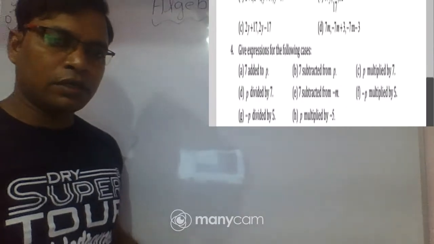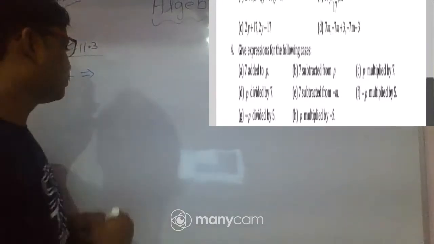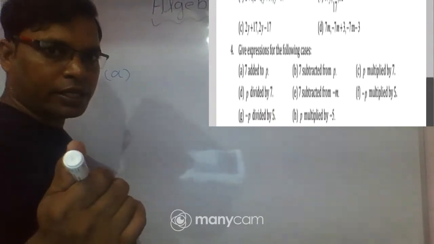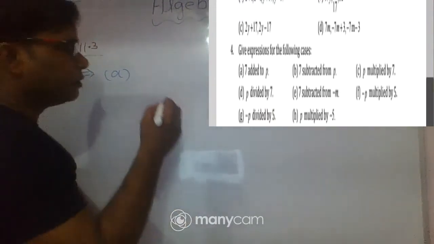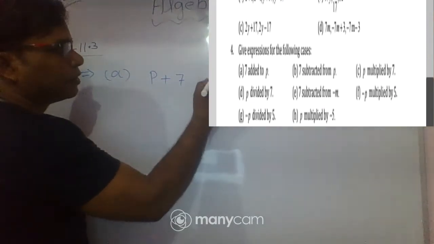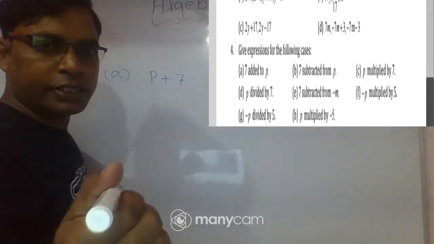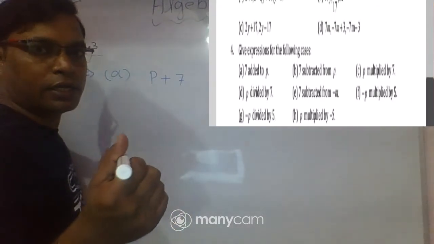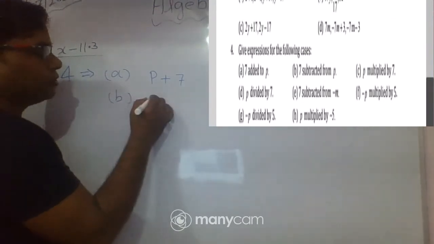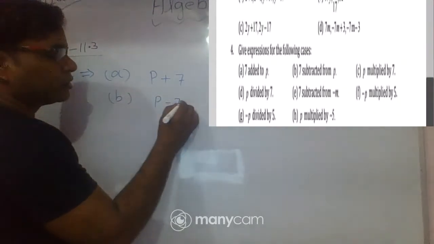So you can write it p minus 7. So student, let's see. This is A part. This is given 7 added to p. It means p plus 7. Okay. B part, you can see, 7 subtracted from p. So B part is equal to p minus 7.